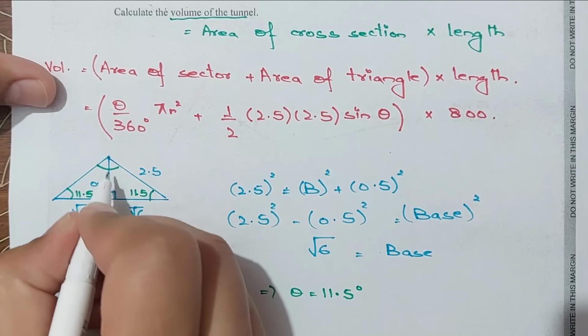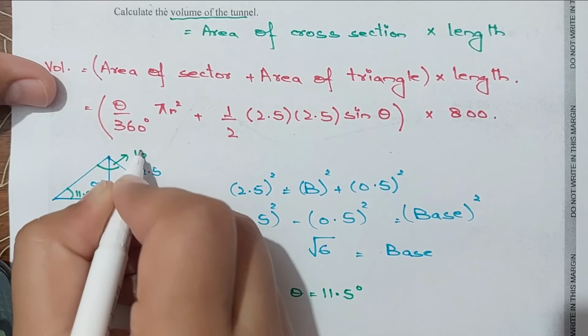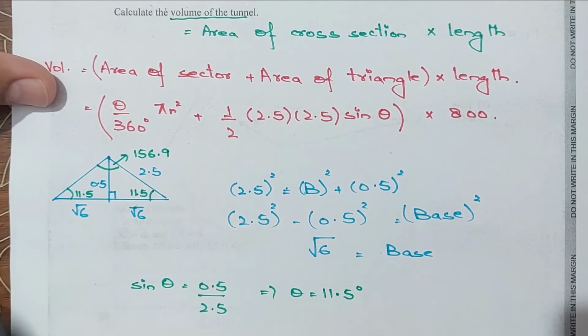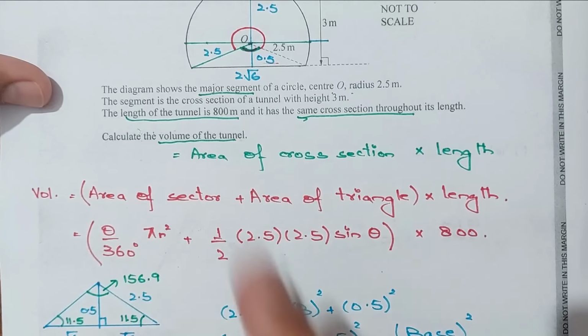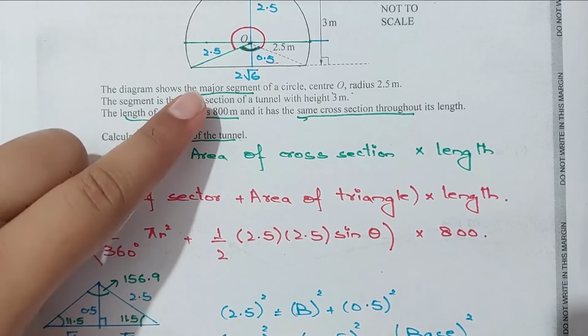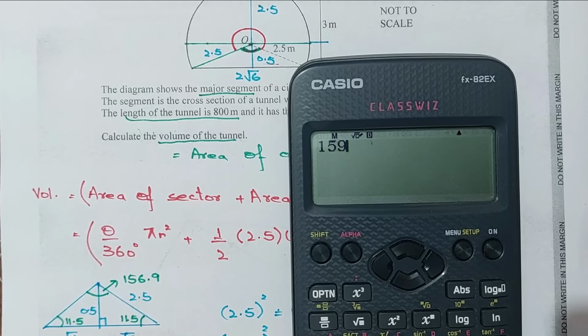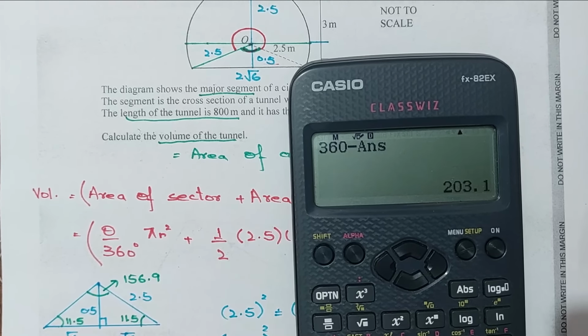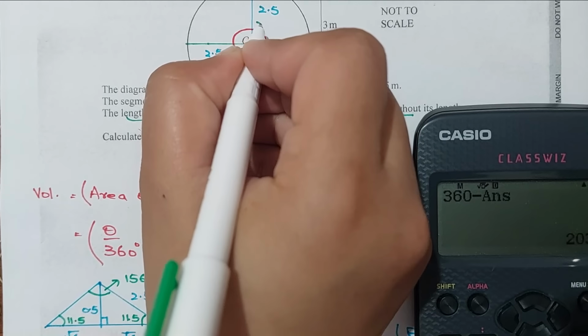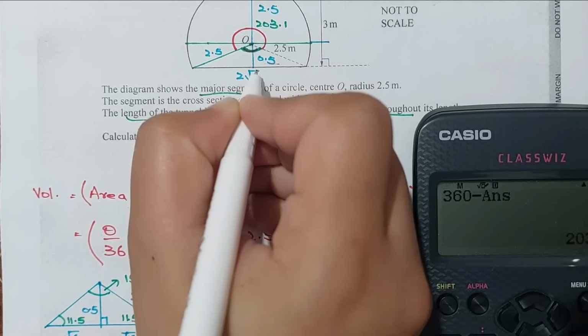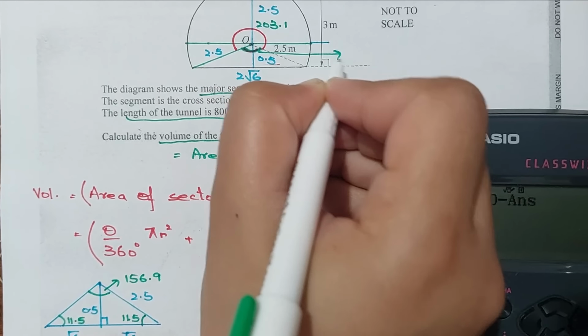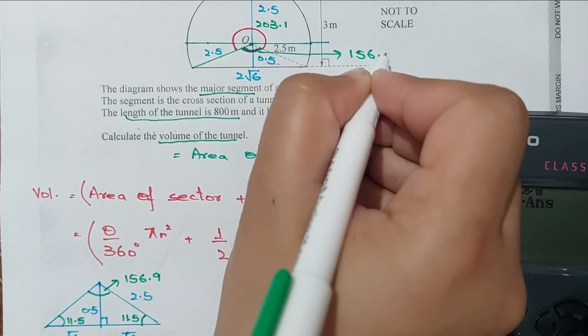So this angle is 156.9. If this angle is 156.9, then the whole angle is 360, so we subtract it from 360, and this angle is 203.1. This is 203.1 and this angle is 156.9.